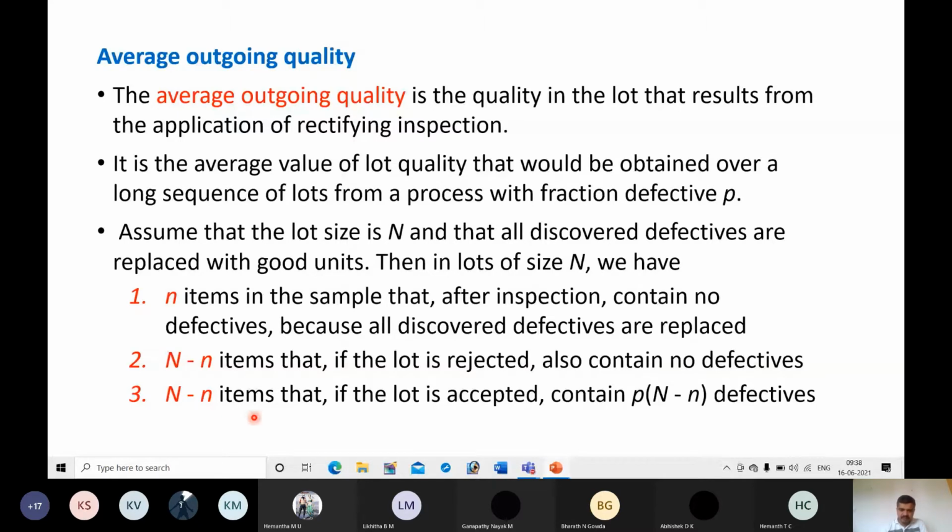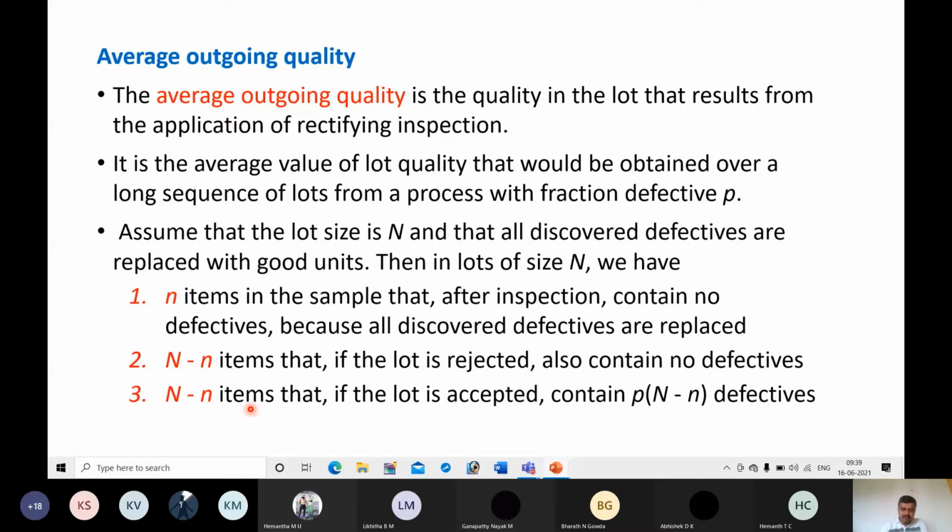Based on that, you accept the lot by evaluating only 50 items. Out of 50, two or three may be defective. Now N minus n means 10,000 minus the 50 already evaluated, leaving 9,950 items which were not subjected to inspection since they were not picked for sampling.